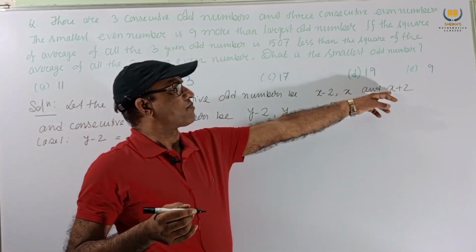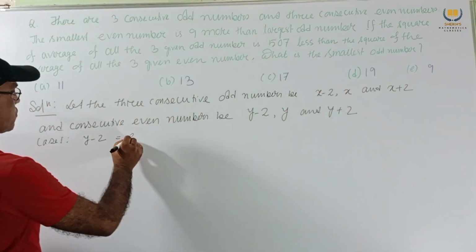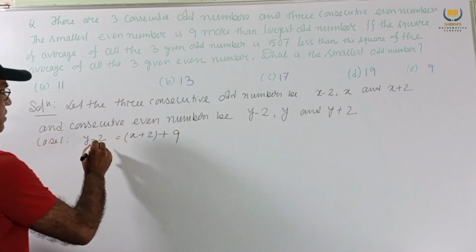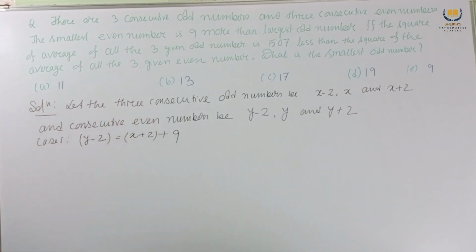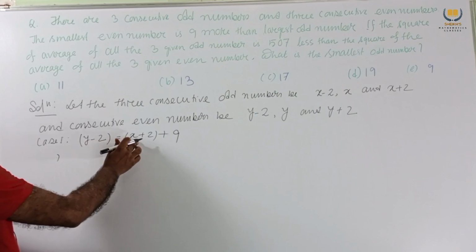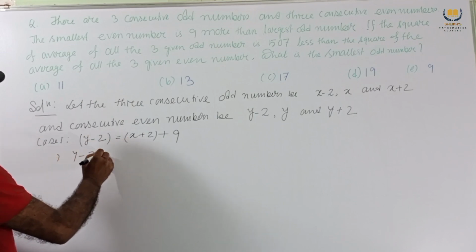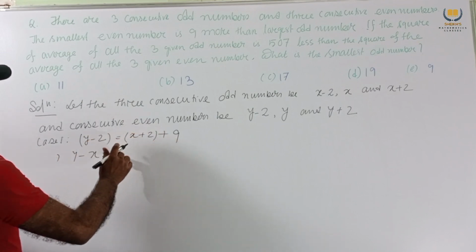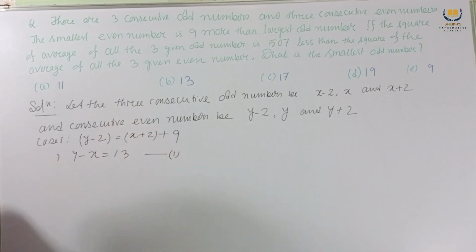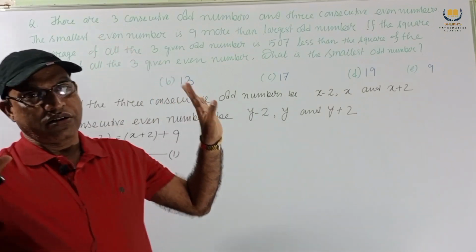The largest odd number is x plus 2, so y minus 2 equals x plus 2 plus 9. Taking x to the left-hand side, y minus x equals 13. We consider this as equation number 1. The first part is done.